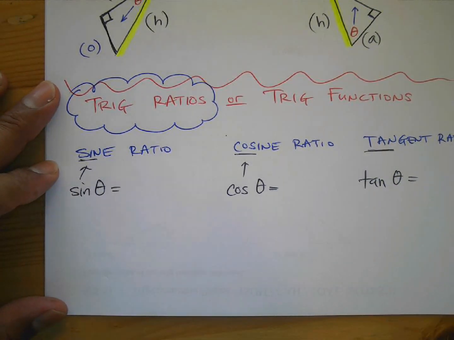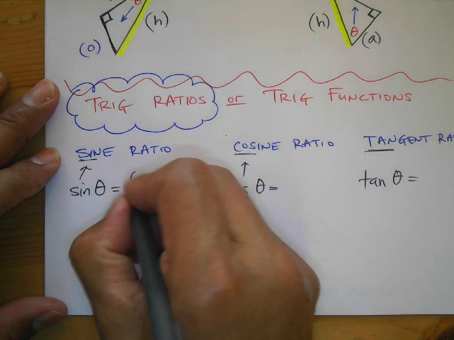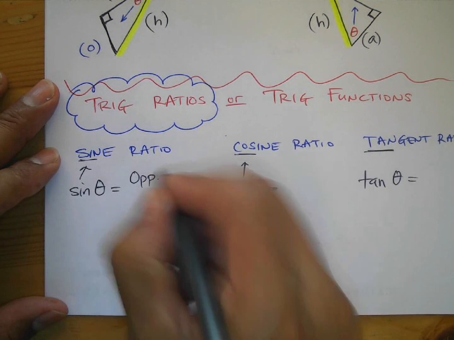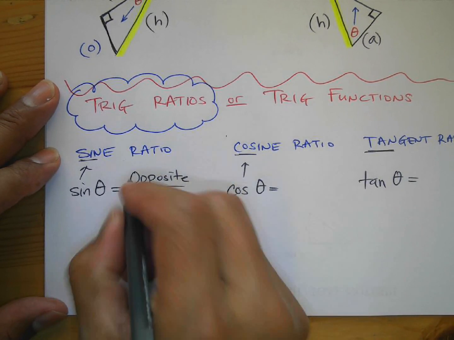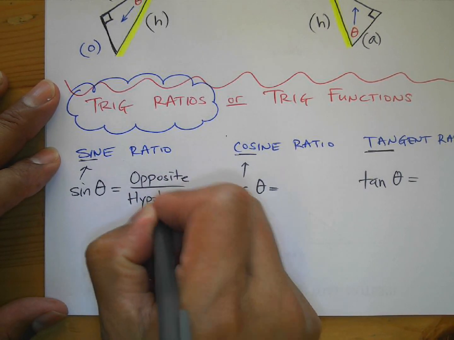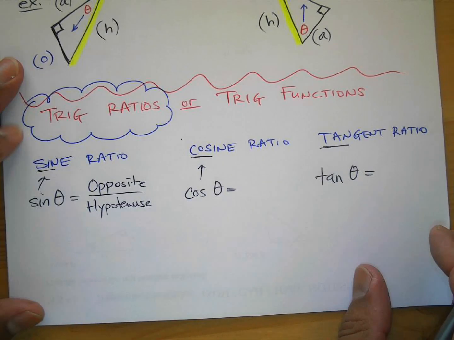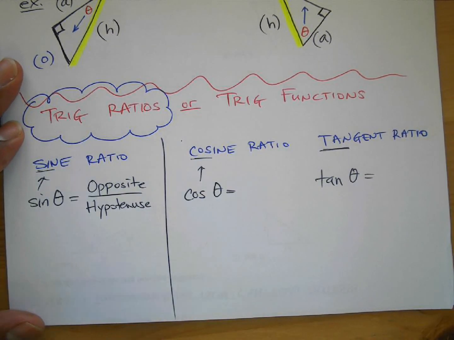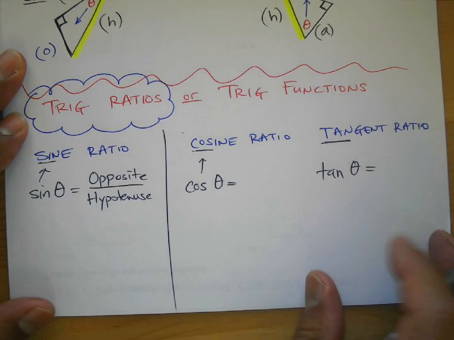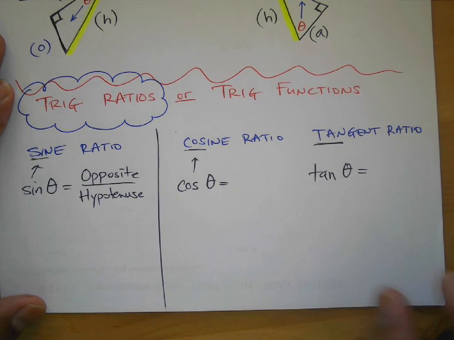So the sine ratio is the opposite side over the hypotenuse. That's the sine ratio. But we're going to abbreviate it and have a little shortcut so that you remember these easily.